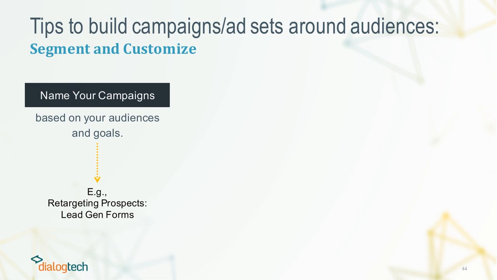So I break out my retargeting audiences, my prospecting audiences. I break out my different campaign types. If I have a campaign that's very specific to the lead gen form, I have that as its own campaign. And the reason I do this is because it lets me devote very specific budget to each of these campaigns, and then I can get very specific reporting by audience and by goal.